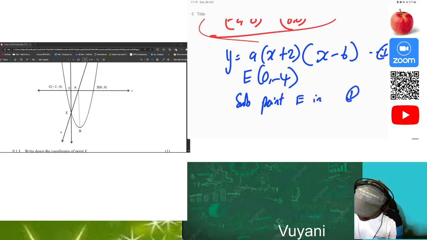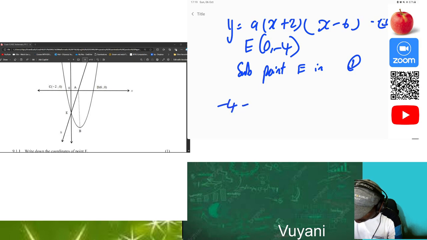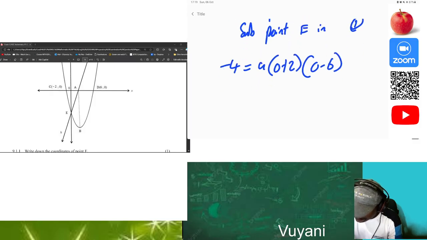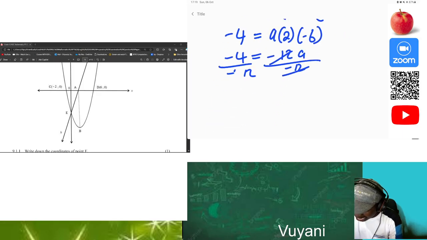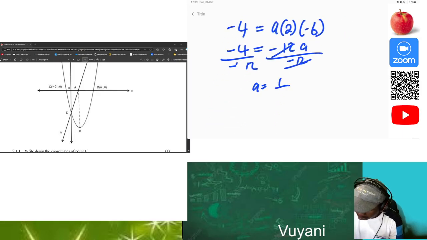On y it's -4 equal to a, and in the position of x we substitute 0, so that will be (0 plus 2) multiplied by (0 minus 6). So that will be -4 is equal to a times 2 times -6. That will be -4 is equal to -12a. Divided by -12 on both sides, then your a value is equal to 1/3.